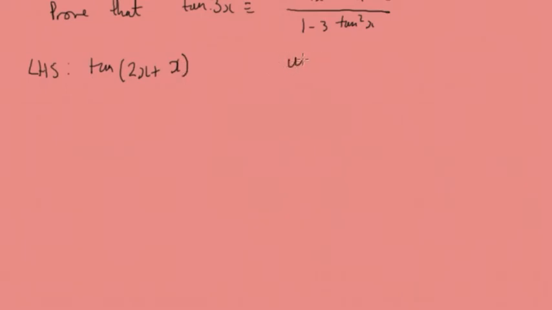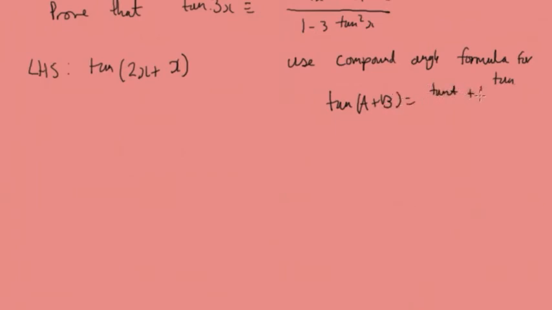So we can now use the compound angle formula for tan. And let's just write that out again so that we have it. So that would be tan a plus b is equal to tan a plus tan b over 1 minus tan a tan b.